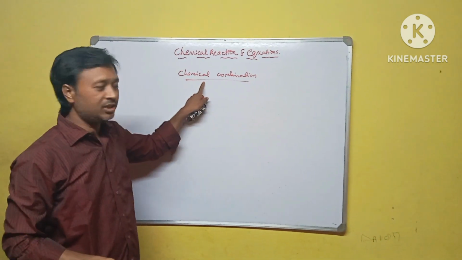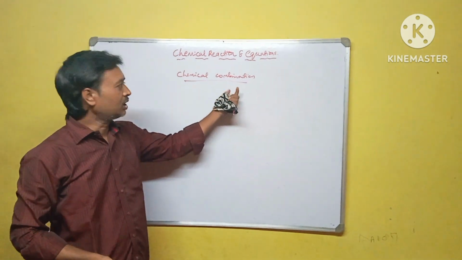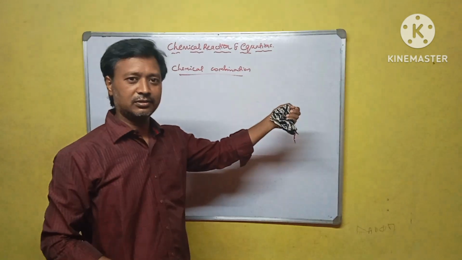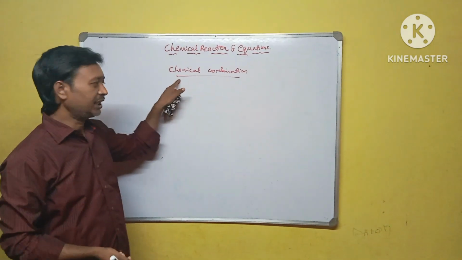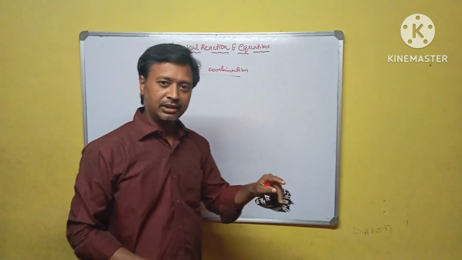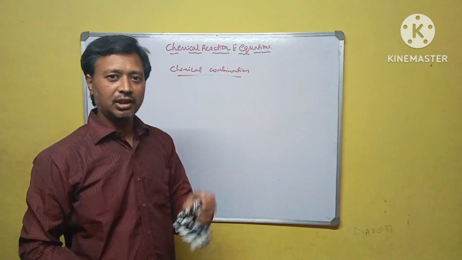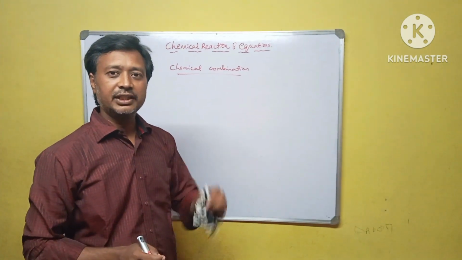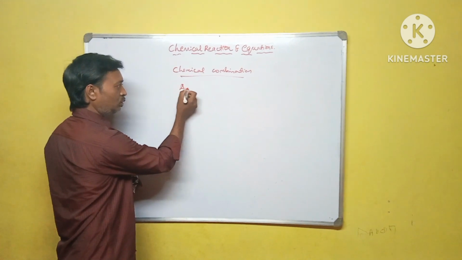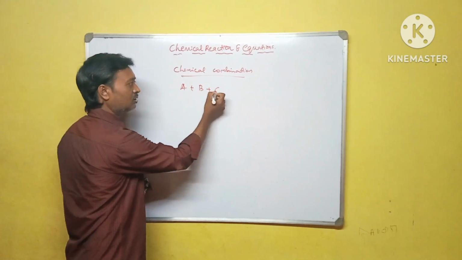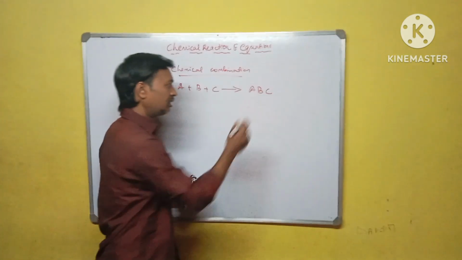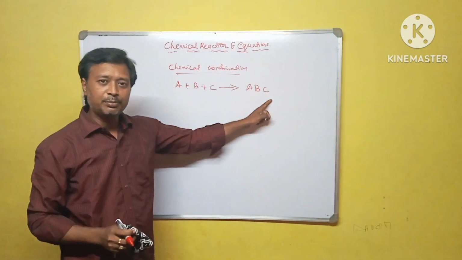In the name itself we can come to know that combination means combining together. It is a type of reaction in which two or more reactants combine together and produce a single product.